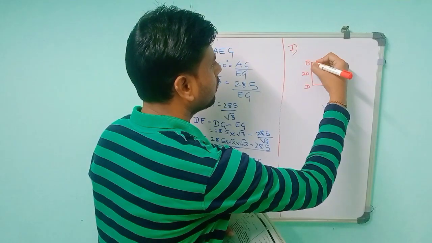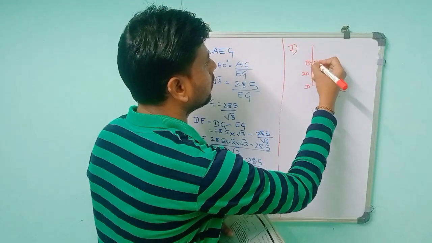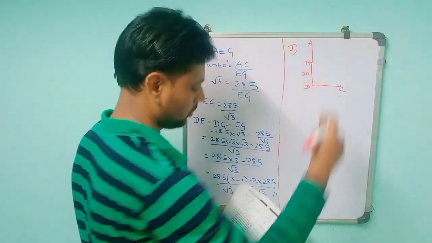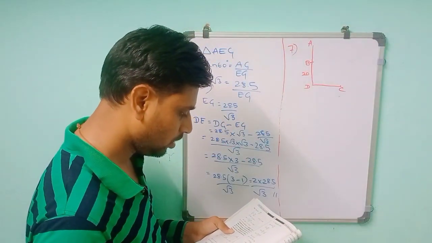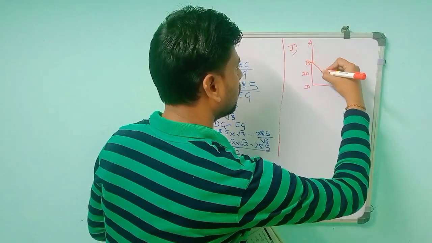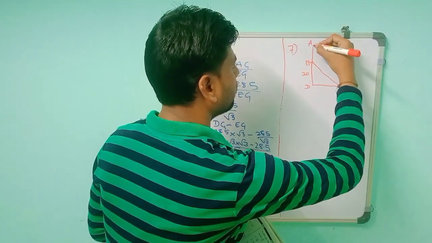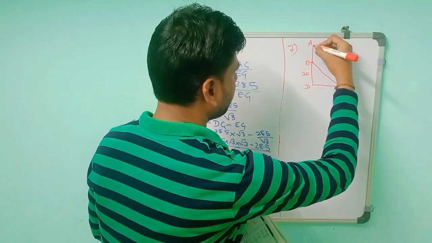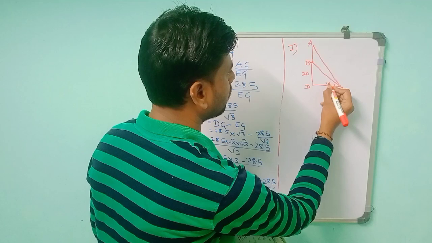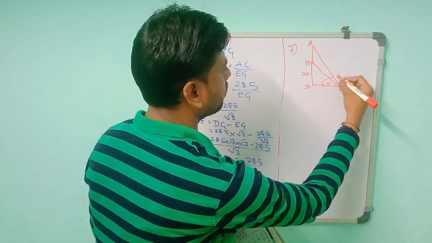So here we mention as A. This is 45 degree and this angle is 60 degree.